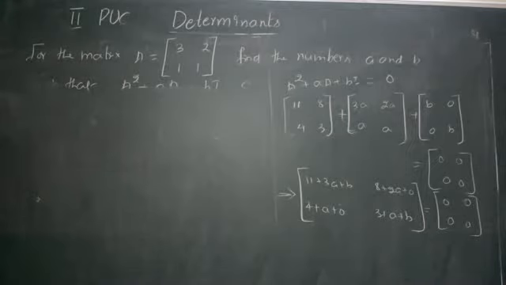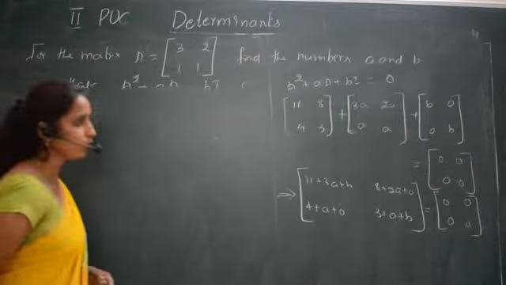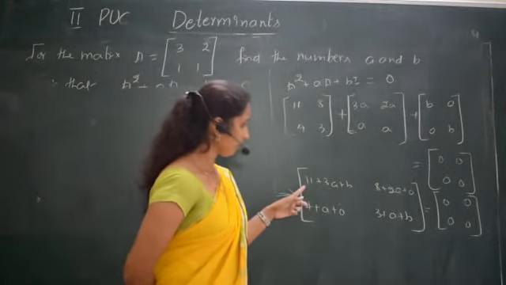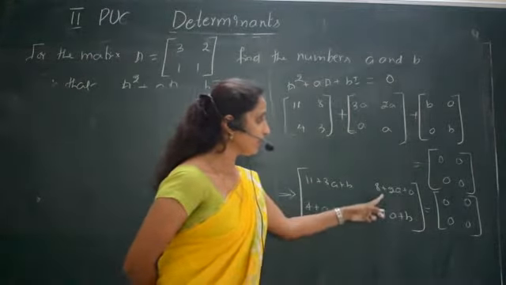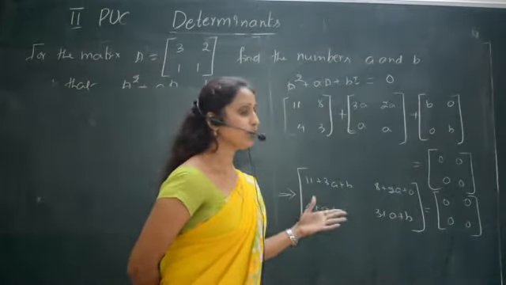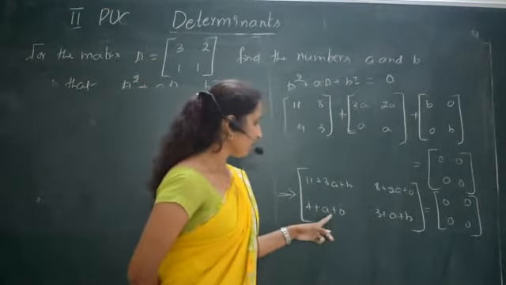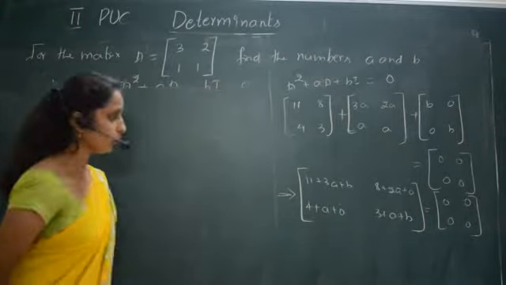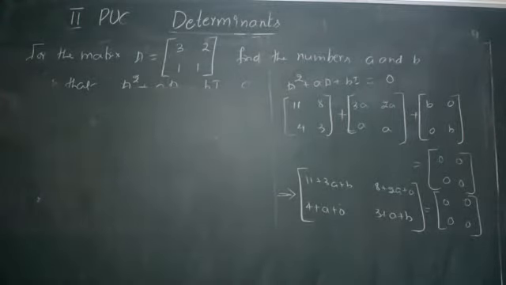So we have these equations: 11 plus 3a plus b, 8 plus 2a, and 4 plus a. Any two we can consider. I'll consider this one: 4 plus a plus 0 is equal to 0. So that gives the value of a.